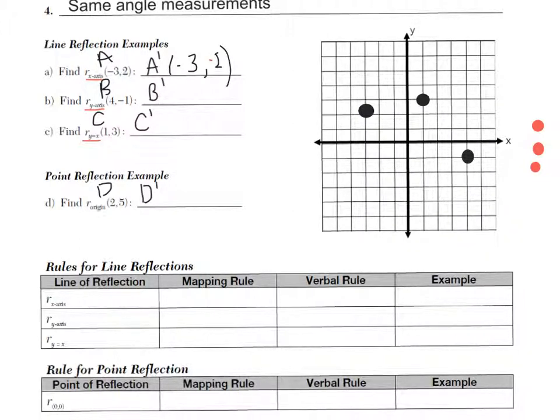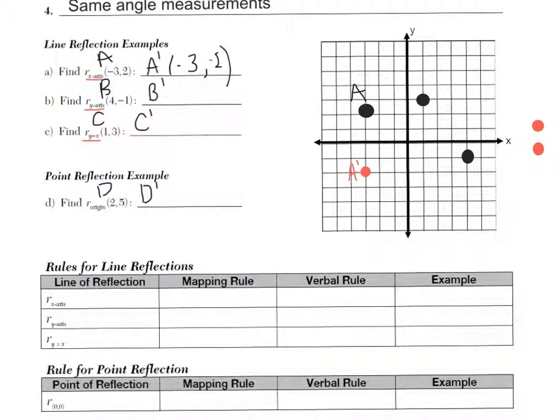That means that my new point, point A prime, will be at the point (-3, -2). I'm going to go ahead and call this A prime, and this is my point A. So that makes sense. It looks like that point has been reflected over the x-axis.